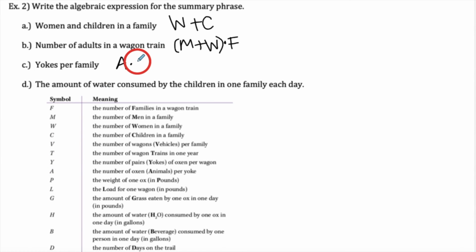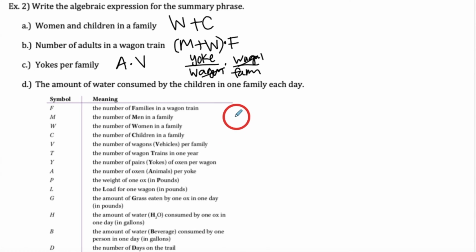And that would give me then the number of yokes per family. So if we want to look at the same kind of strategy as I used in example 1, A is yokes per wagon, and V is wagons per family. The wagons could cancel and I would get yokes per family.